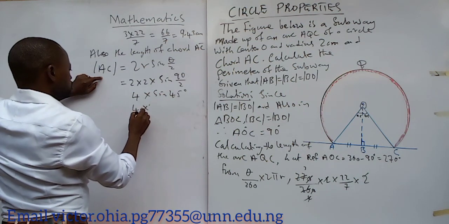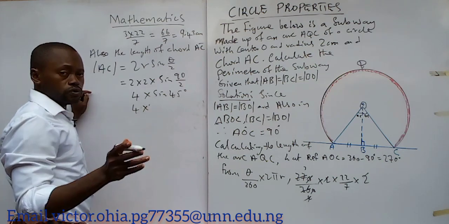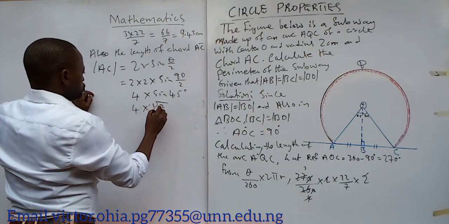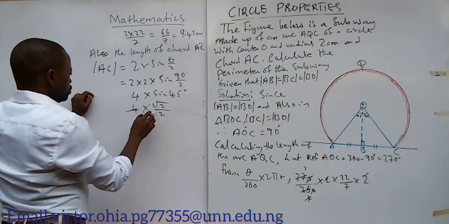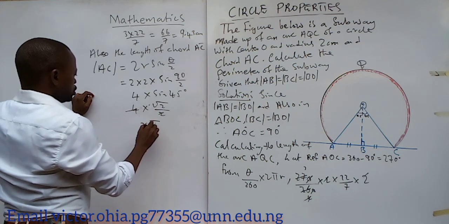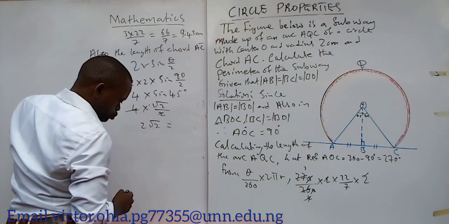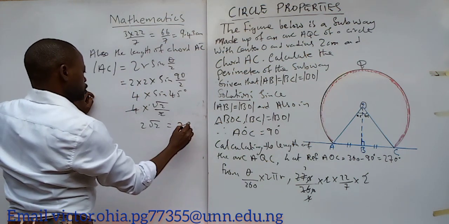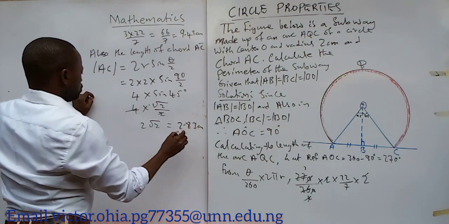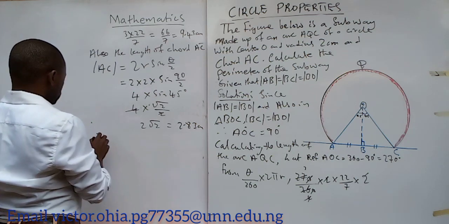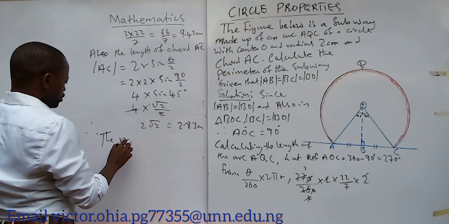So this is 4 times sine 45 degrees, which is √2/2. So we have √2/2. This take away this, take away this. We have 2√2. And 2√2 is 2.83 cm.